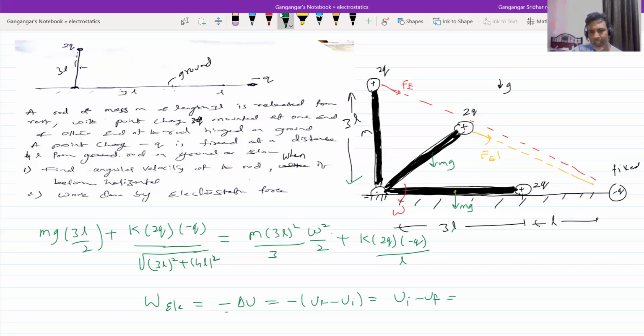What is UI? UI will be k 2Q minus Q by 5L minus k 2Q minus Q by L.